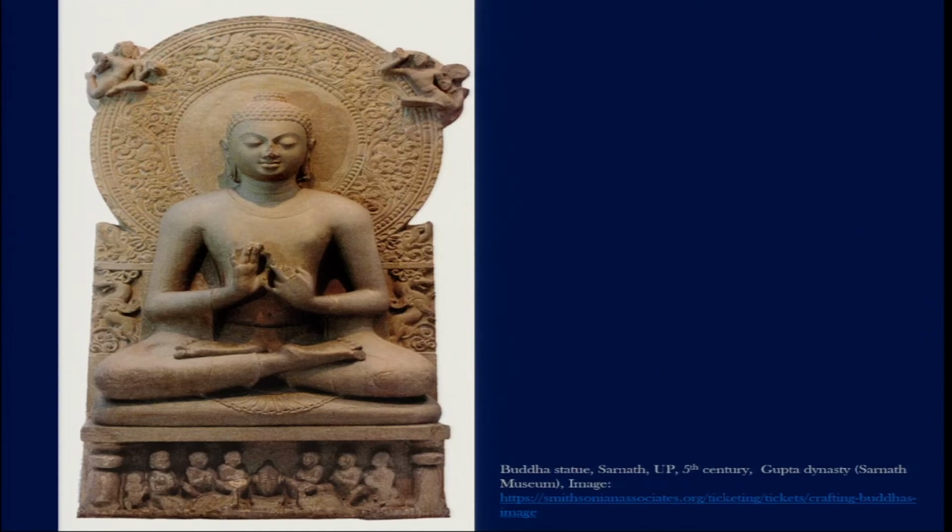All those characteristic features, along with his long earlobes, are very prominently projected here, and of course the hand gesture to show Dharma Chakra Pravartana, all those things we find present here.